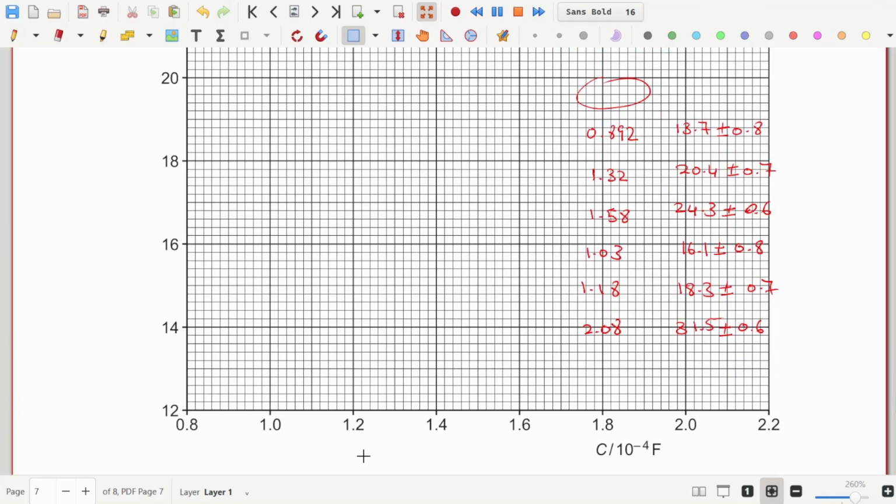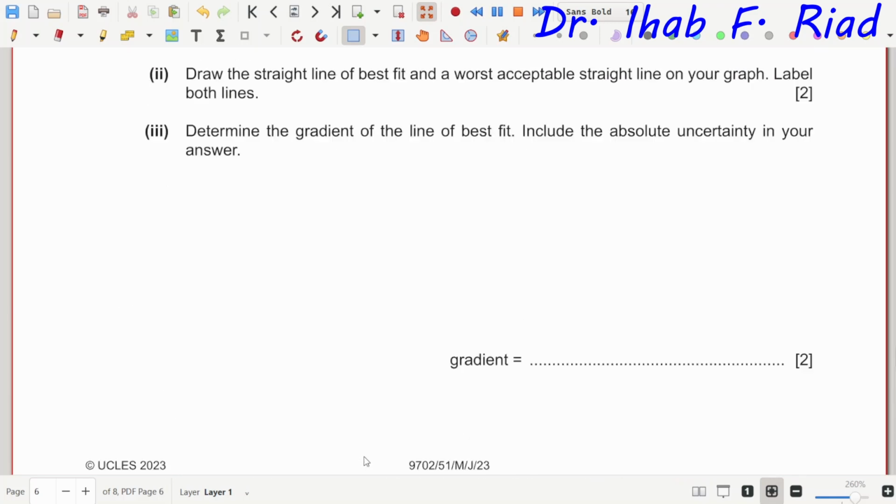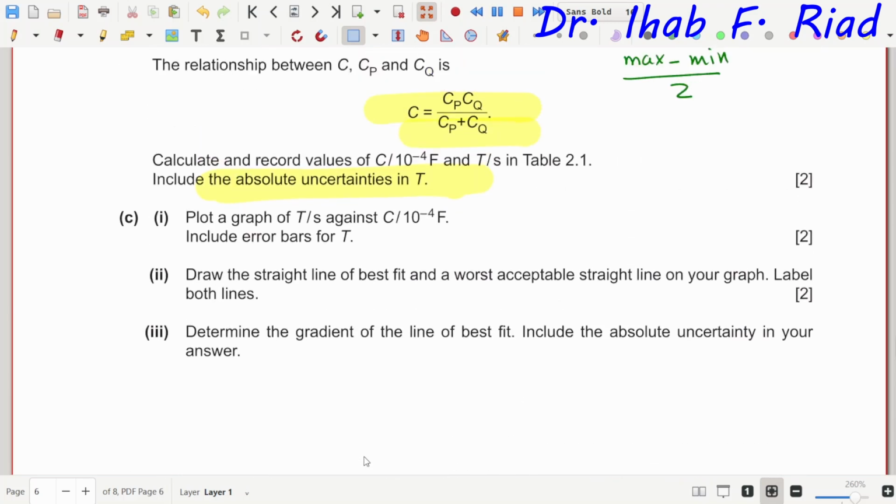So let us start making the graph plot. And he is asking us to draw the straight line of best fit and a worst acceptable straight line on your graph. Label both lines. Sorry.